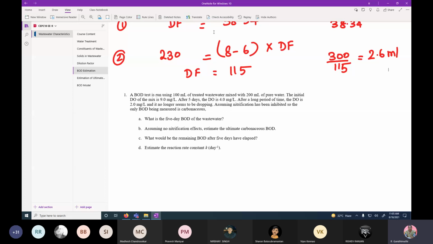After a long period of time, the DO is 2 milligram per liter, and it no longer seems to be dropping.